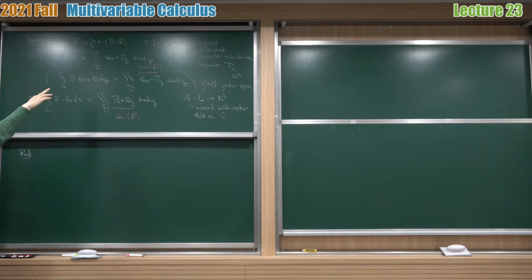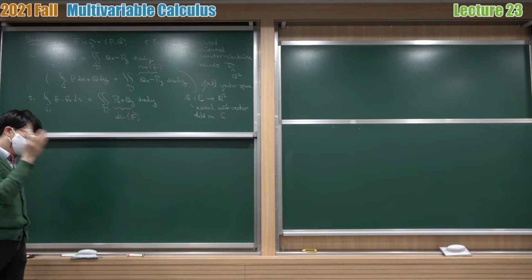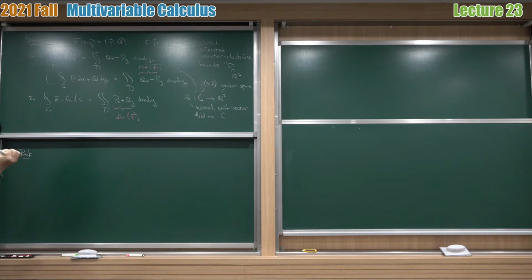So if I fix one of these variables and assume that P and Q are single-variable functions in the remaining variable, then I should be able to use the mean value theorem. So in order to use the mean value theorem, as Hyun-Gyu said, we need a condition that P and Q have continuous partial derivatives for every variable.